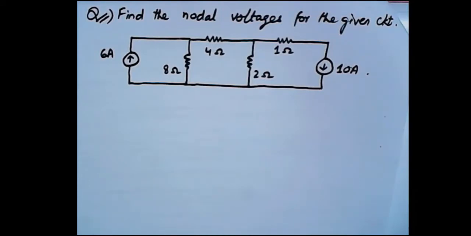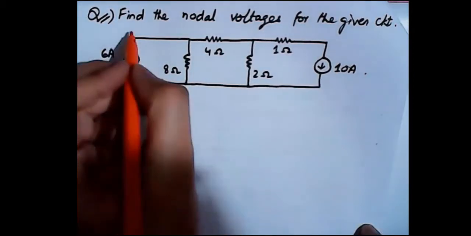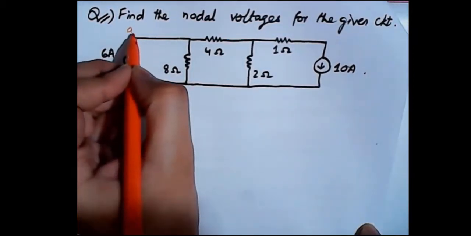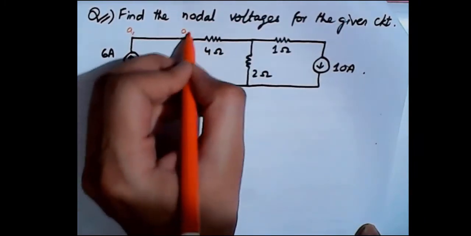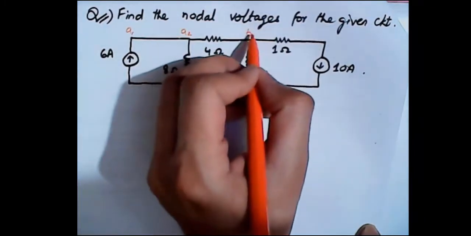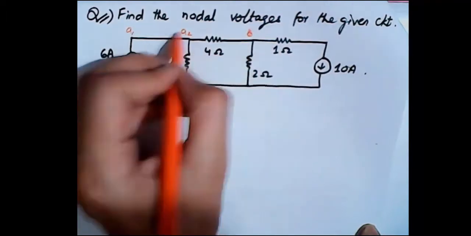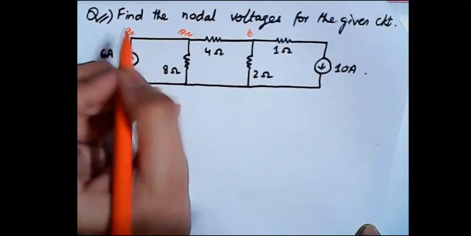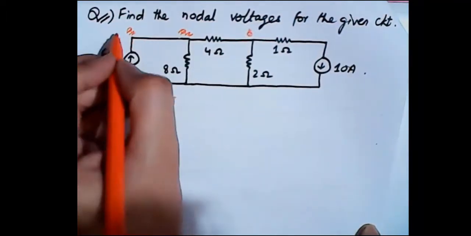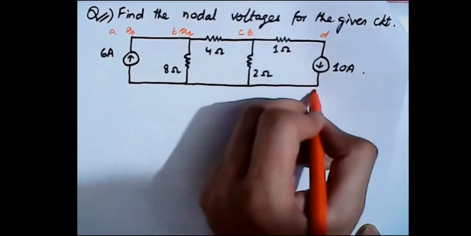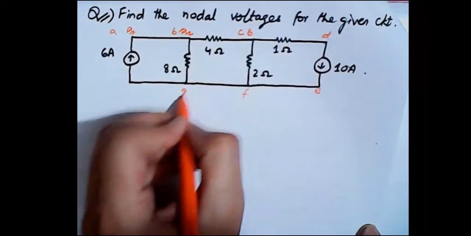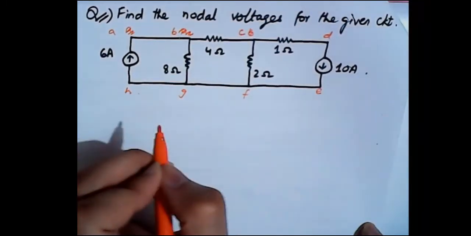Now what we need to do, the very first step, is assign nodes in this circuit. So let's assign them as A, B, C, D, E, F, G, H, right?